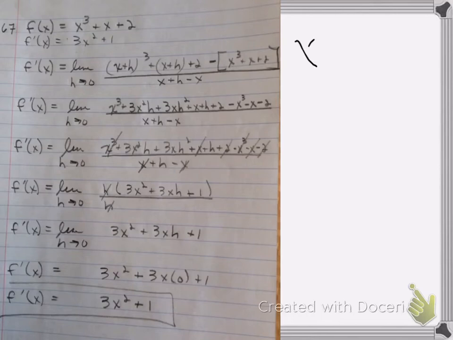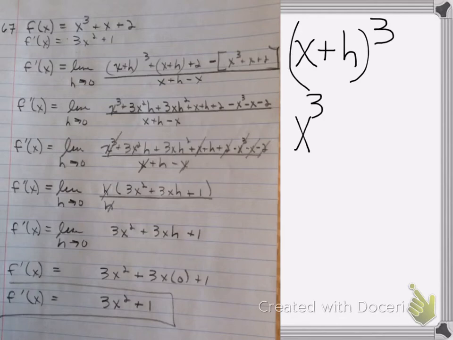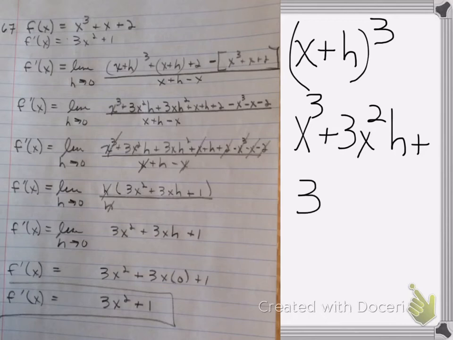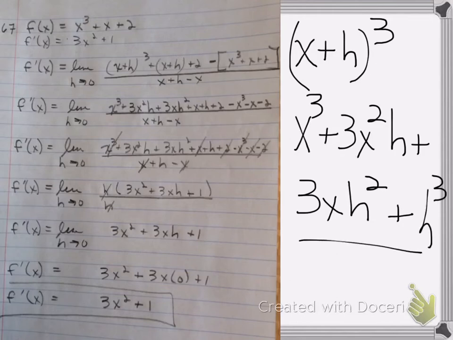If you have your x plus h cubed, that's going to equal x cubed plus, remember binomial expansion, 3x squared times h plus 3x h squared plus my h cubed. So that's your expansion, and here's your little workbox.